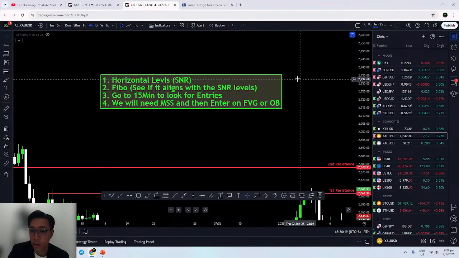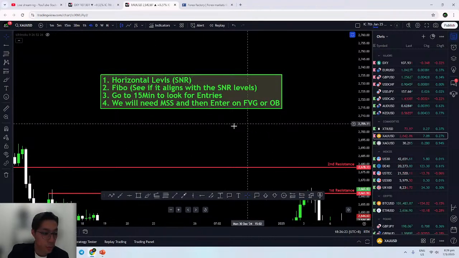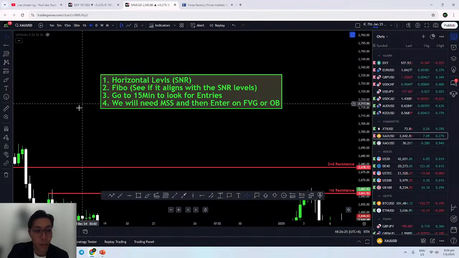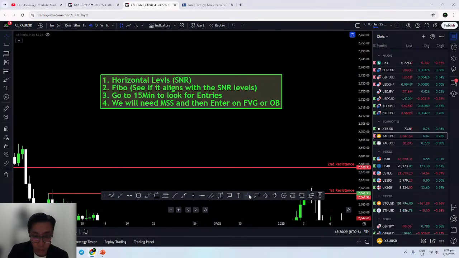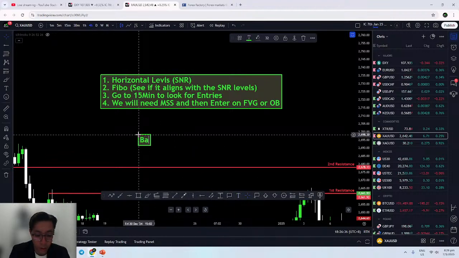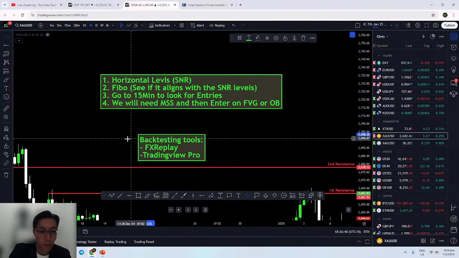Then you can either try out TradingView Premium, or a better option would be this thing called FX Replay. Those are some resources, backtesting tools. We have FX Replay, then we have TradingView Pro.